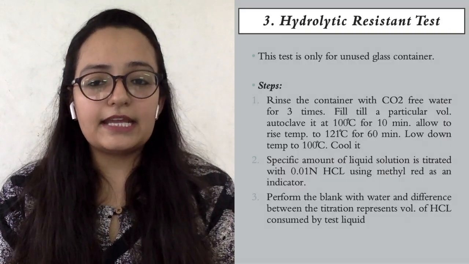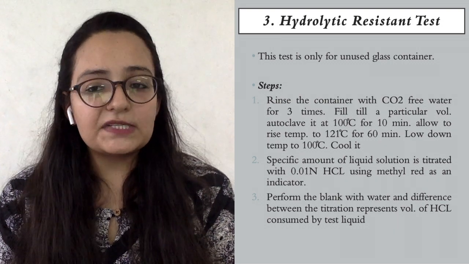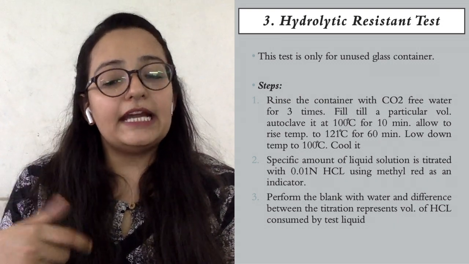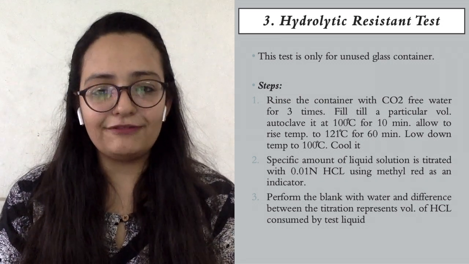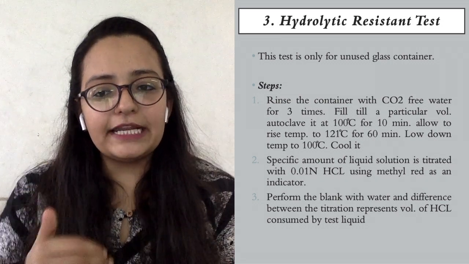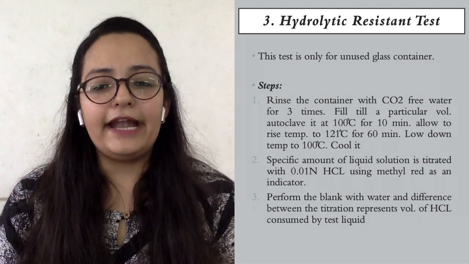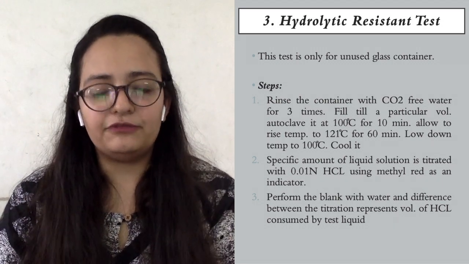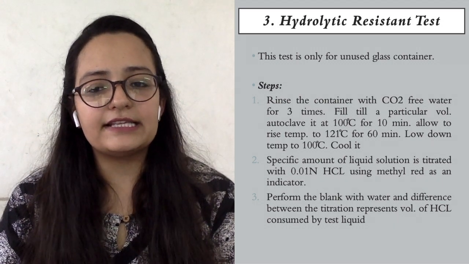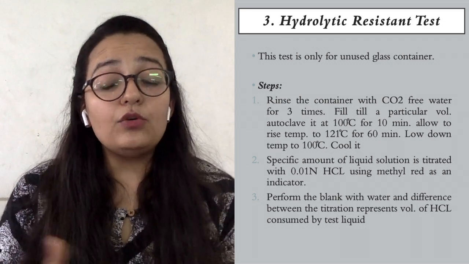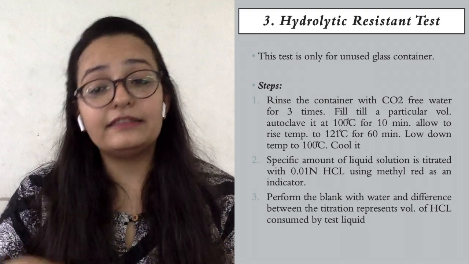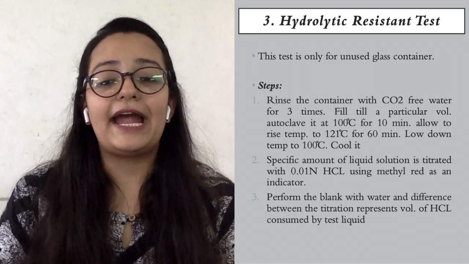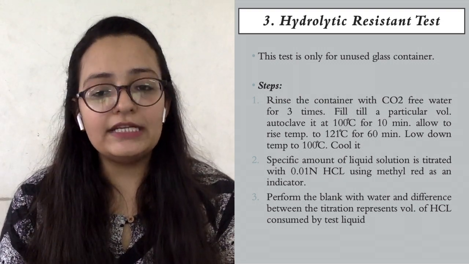The hydrolytic resistance test is only for unused glass containers. In that test, we have to rinse the container with CO2-free water 3 times. Fill to a particular volume and put it into the autoclave at 100 degrees Celsius for 10 minutes. Allow the temperature to rise to 121 degrees Celsius and then lower it to 100 degrees Celsius. Cool it.